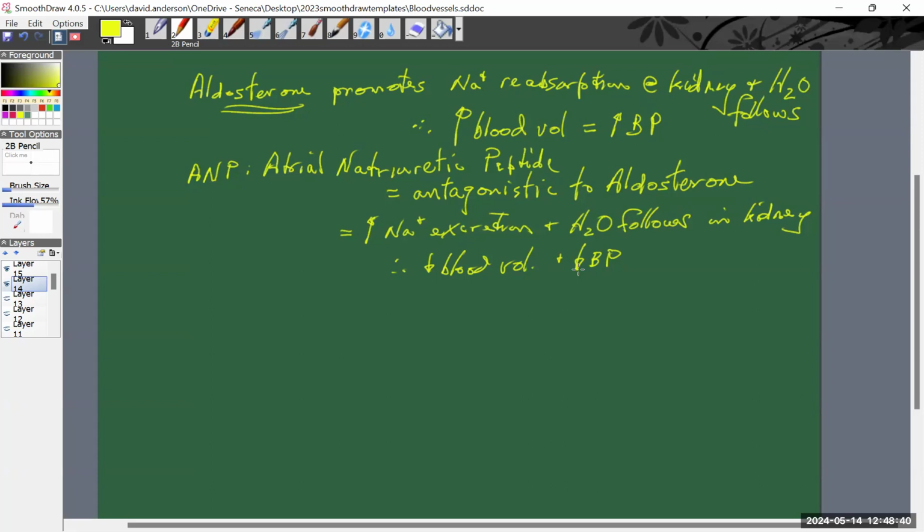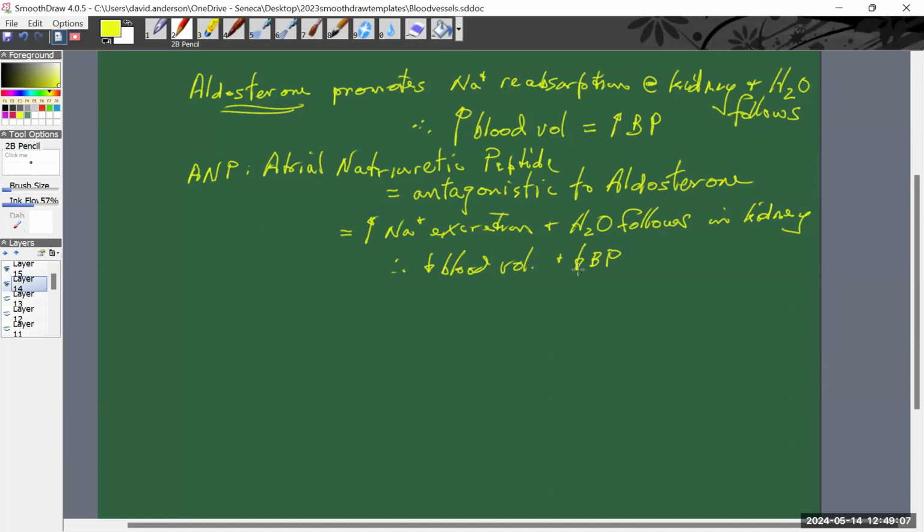Both the nervous system and the endocrine system utilize negative feedback to regulate various metabolic functions and activities throughout the body. In this example, we have aldosterone that will respond to low blood volumes, and the result will be an increase in blood pressure. But ANP works antagonistic to aldosterone.